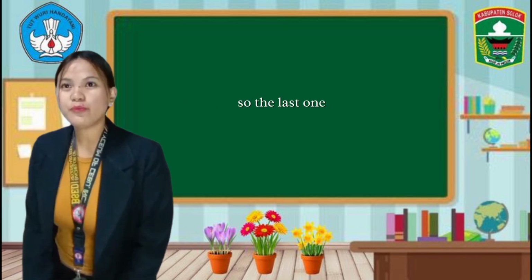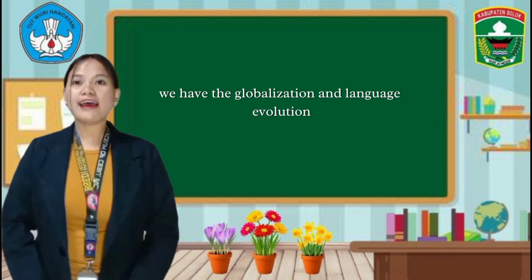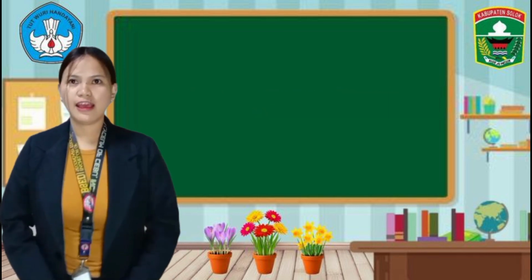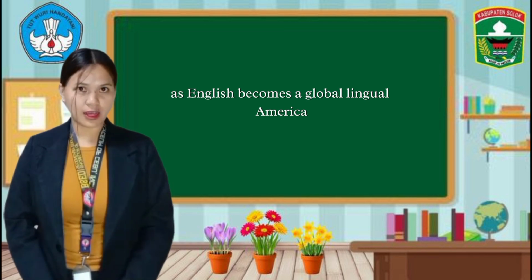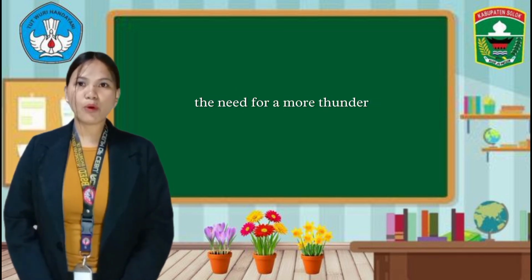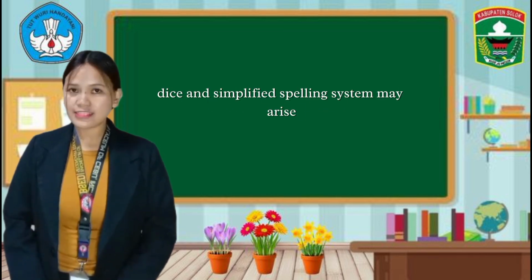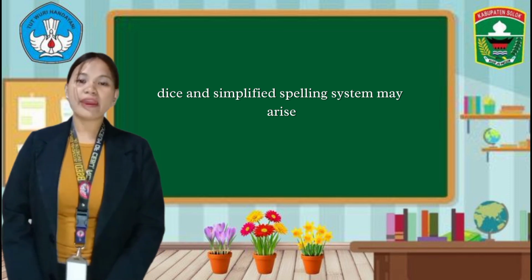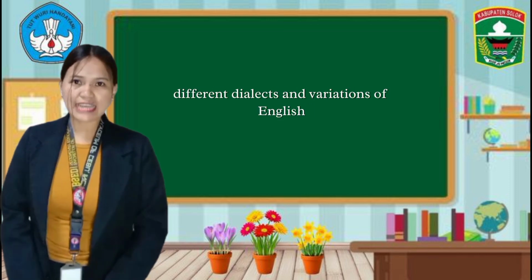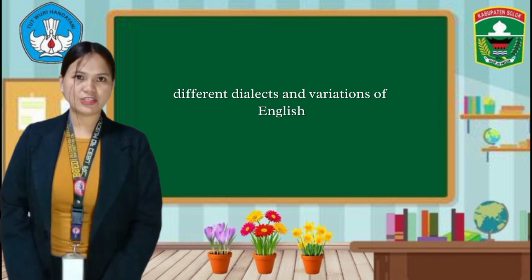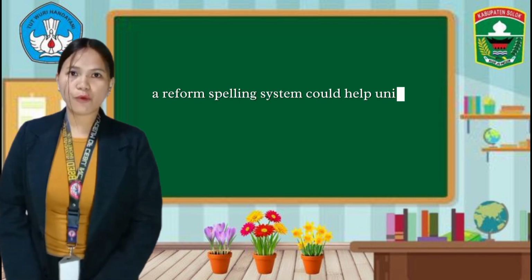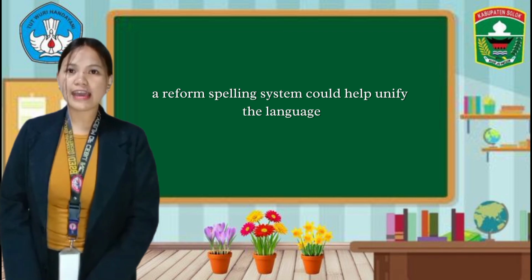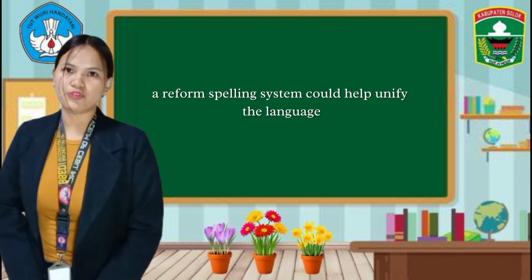The last one, we have globalization and language evolution. As English becomes a global lingua franca, the need for a more standardized and simplified spelling system may arise. Different dialects and variations of English can lead to further confusion, and a reformed spelling system could help unify the language.